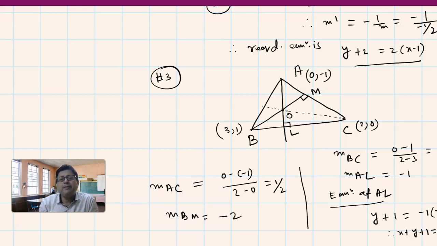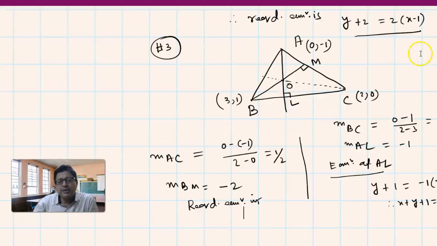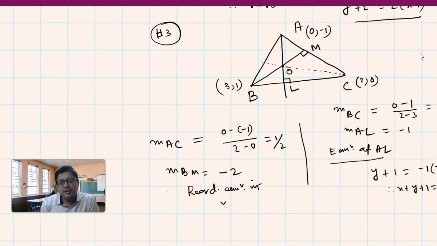Now the slope of BM is known, minus 2, and it passes through the point (3, 1). So the required equation is y minus 1 equals m into (x minus 3), which gives 2x plus y minus 7 equals 0.